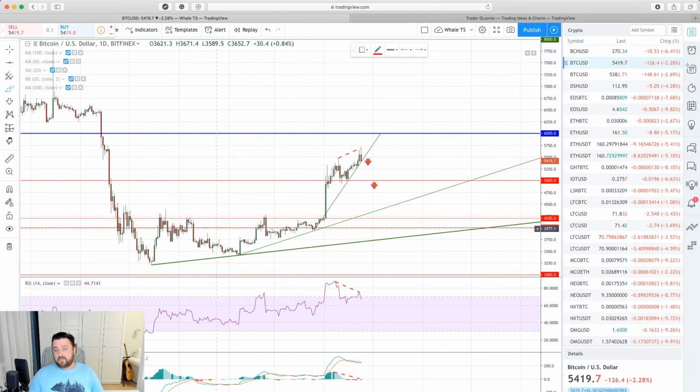A possible correction can be up to this swing low, where price saw something like a level and bounced here, and bounced one more time, so we have a level about 3,750.